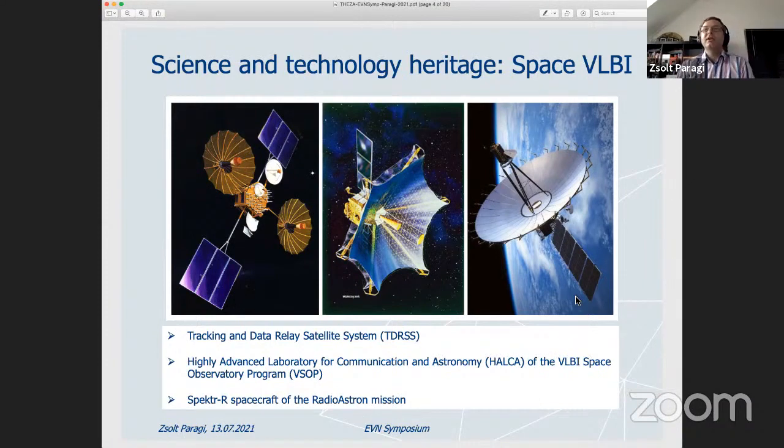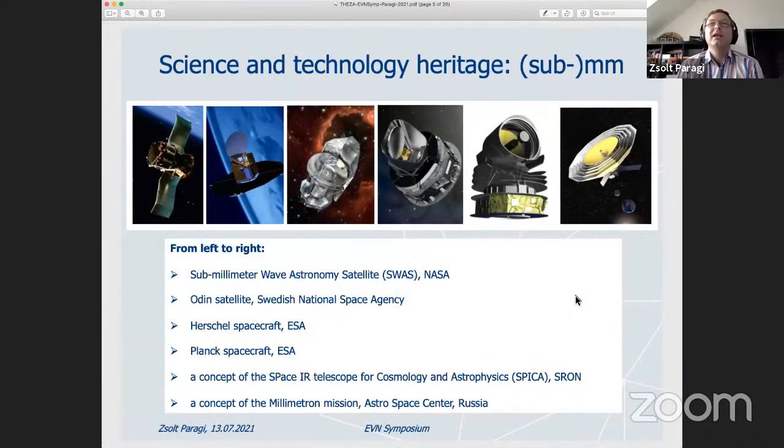There was an idea for another VSOP mission to go to higher frequencies, but unfortunately that was not realized. On the other hand, we have a heritage of sub-millimeter space astronomy.